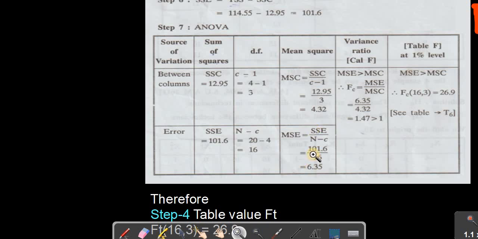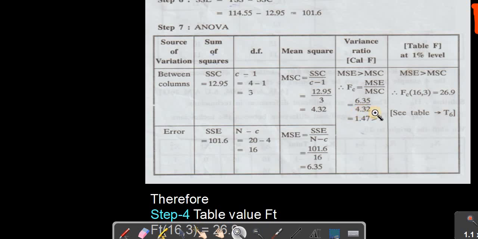Right, what is next now? Among MSC and MSE, whichever is the greater number, you have to write at the top, and the smaller number you write below. MSC got 4.32, MSE got 6.35. So MSE is the greater number. That greater number you write in the numerator, and the small number, 4.32, in the denominator.